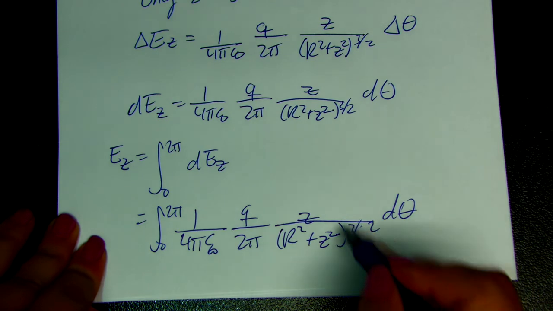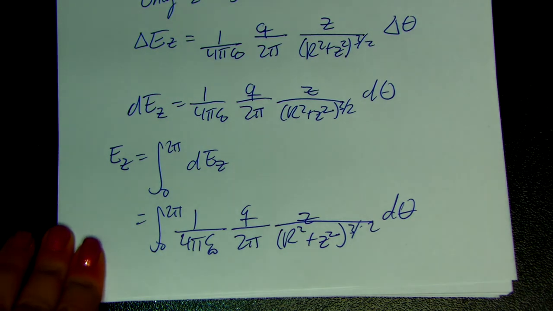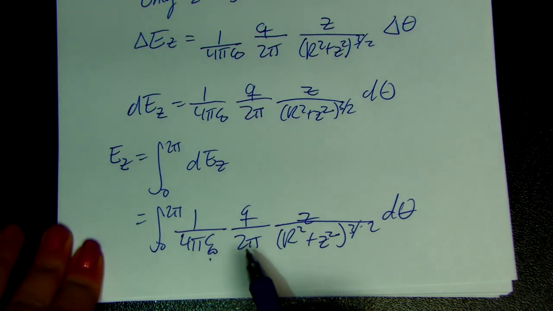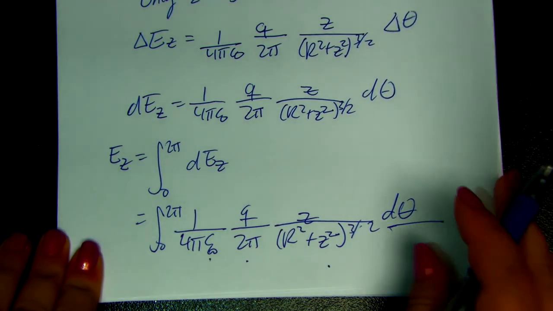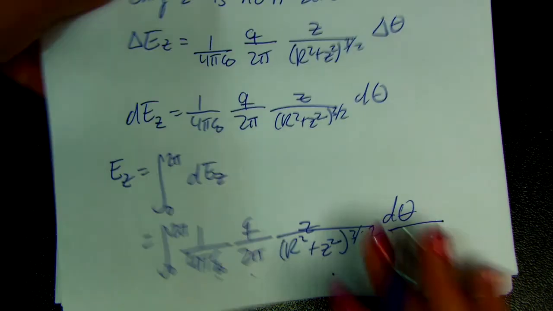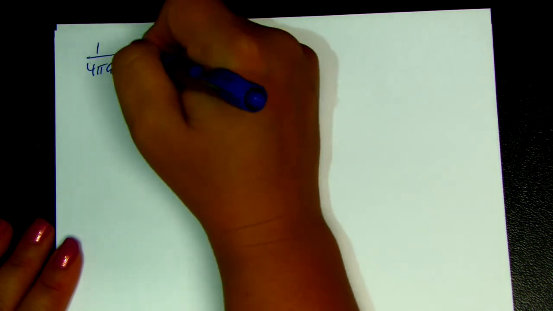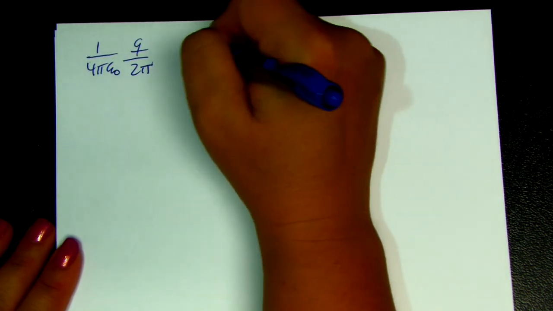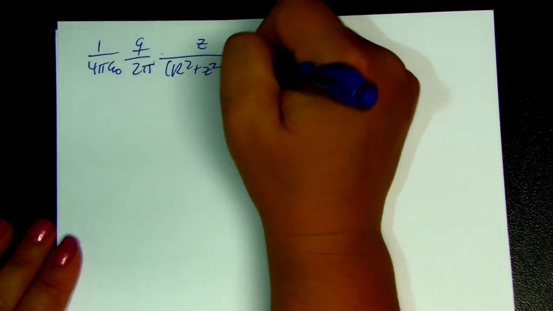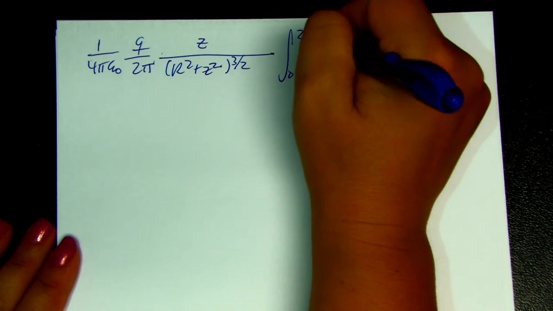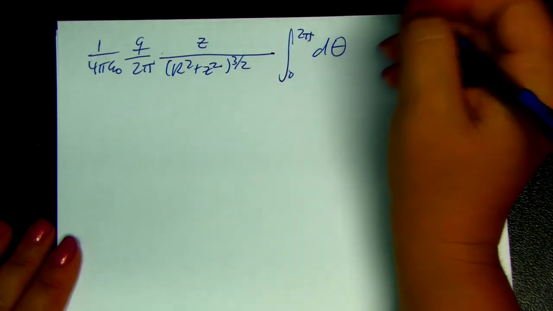Now all the constants can go in front, so you can see everything that does not depend on theta. That doesn't depend on theta, that doesn't depend on theta. We just have this here, so we're just going to integrate d theta. Nice, easy integral. So I'll go ahead and write that out explicitly: 1 over 4 pi epsilon naught q over 2 pi z over r squared plus z squared to the power of 3/2, integral from 0 to 2 pi d theta.